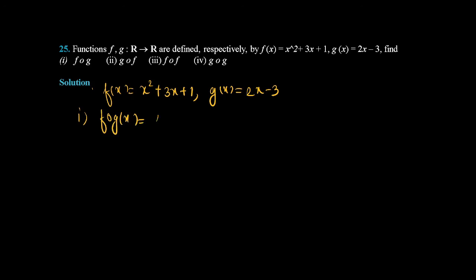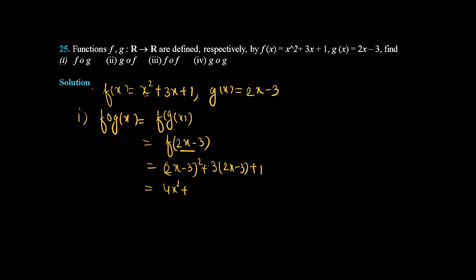The g function is 2x minus 3, so we replace x by 2x minus 3 here. So this is (2x minus 3) whole square plus 3 into (2x minus 3) plus 1. So this is a square plus b square minus 2ab, that is 4x square minus 12x, plus 6x minus 9 plus 1. So this will be 4x square minus 6x minus 8.